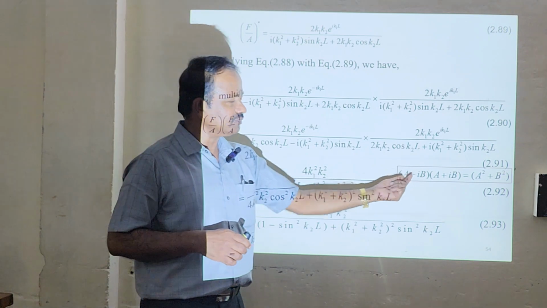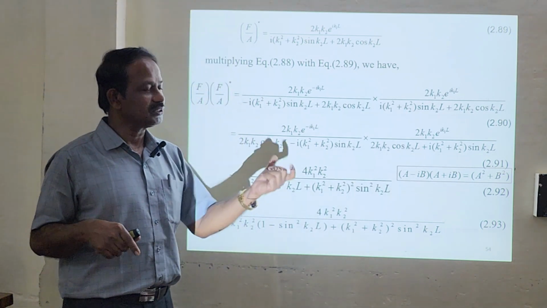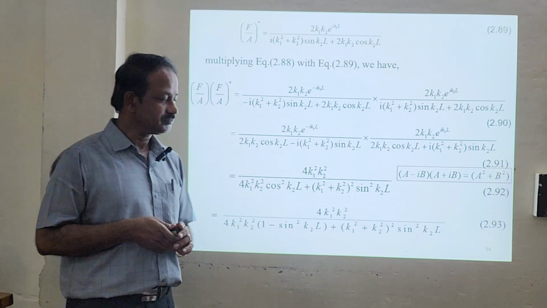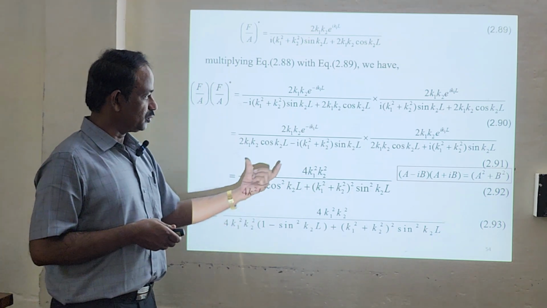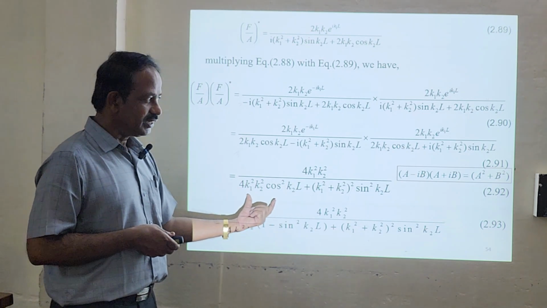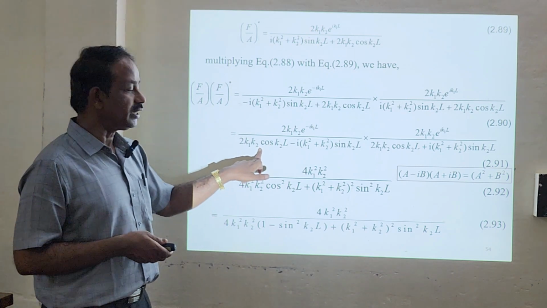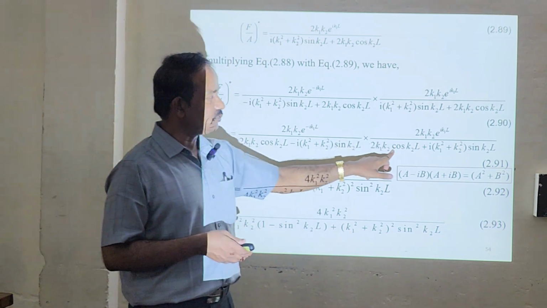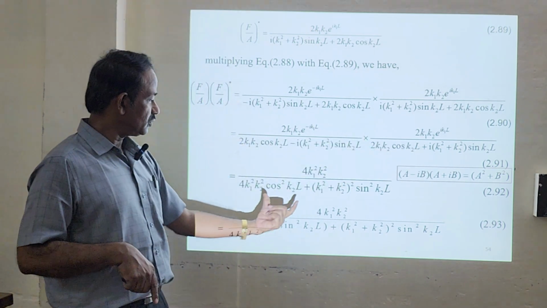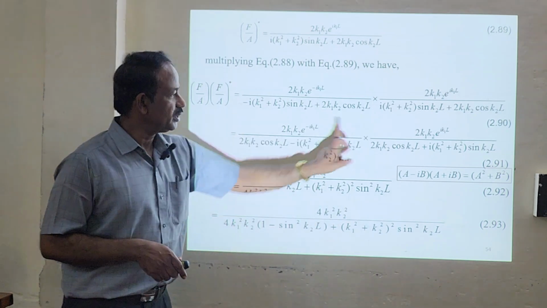But here it is given as a minus ib multiplied by a plus ib, so that will give you a squared plus b squared. So you can simplify the denominator, and the answer is a squared plus b squared. This is your a, this is your minus ib, this is your a, this is plus ib, so that will give you a squared plus b squared.